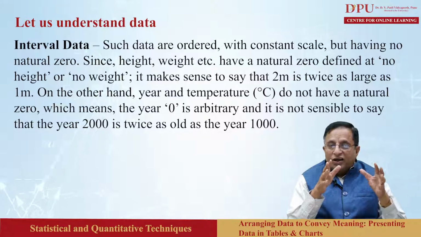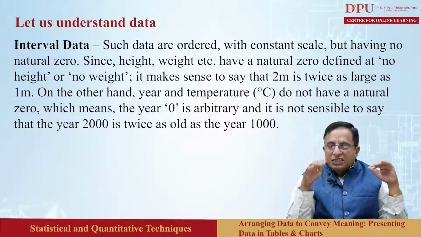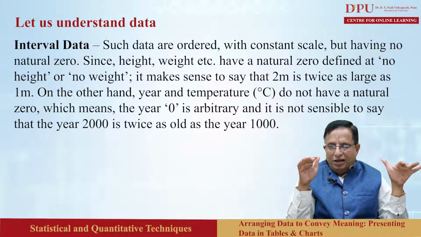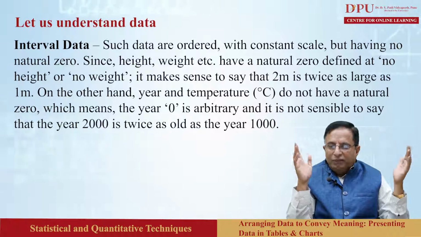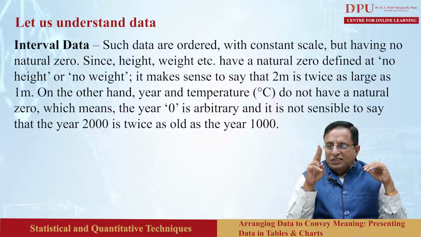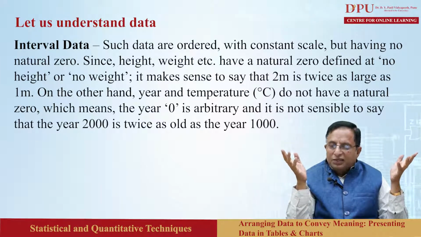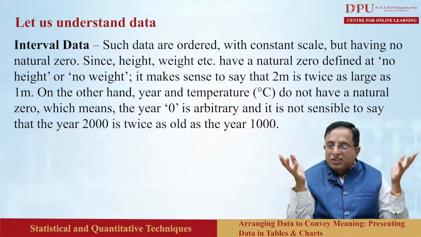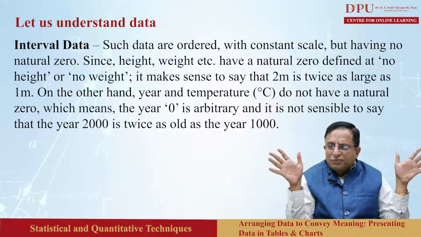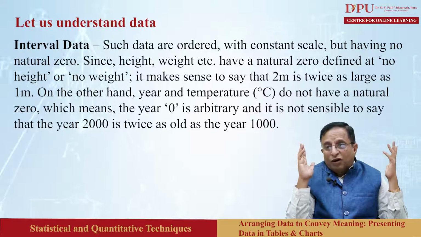Interval data. Such data are ordered with a constant scale but having no natural zero. Since height and weight have a natural zero defined at no height, no weight, it makes sense to say that 2 centimeters is twice as large as 1 centimeter. On the other hand, year and temperature in Celsius do not have a natural zero, which means the year 0 is arbitrary, and it is not sensible to say that the year 2000 is twice as old as the year 1000.